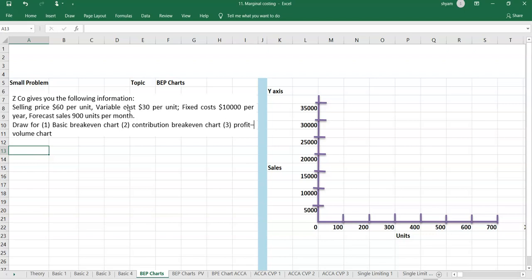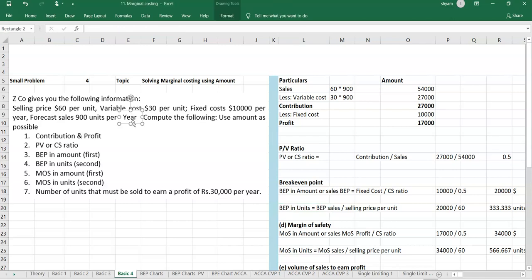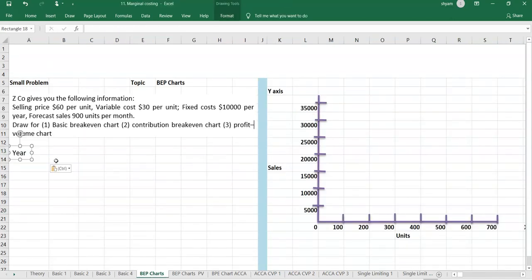Zco gives you the following information: selling price is 60, variable cost is 30, fixed cost is 10,000 per year, and forecasted sales is 900 units per month. Okay, that should be 900 units per year, so that part alone we'll amend.